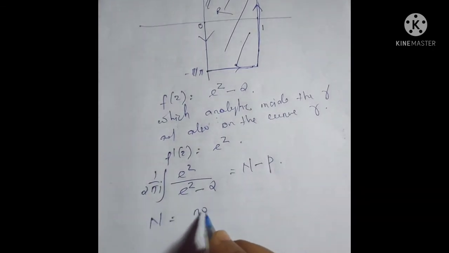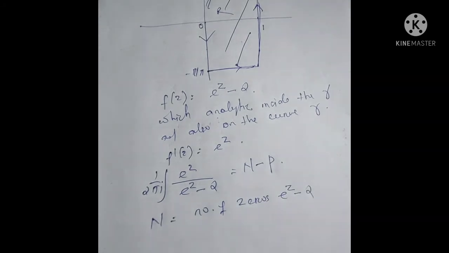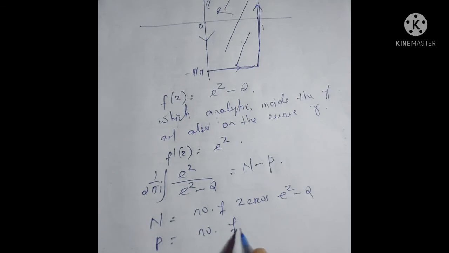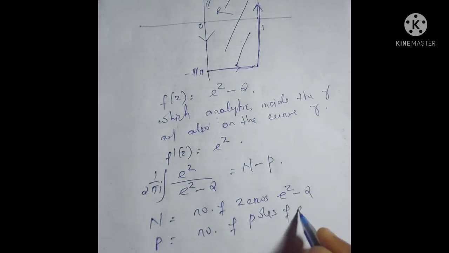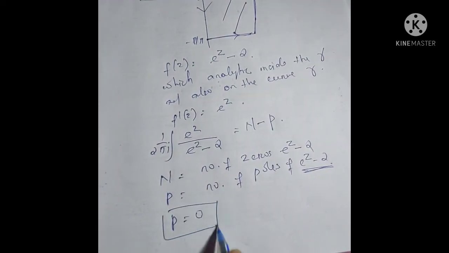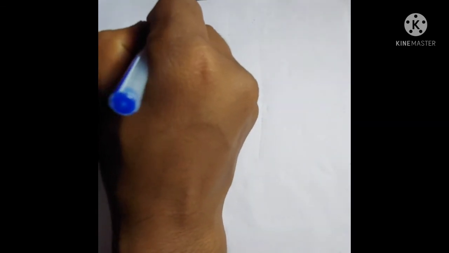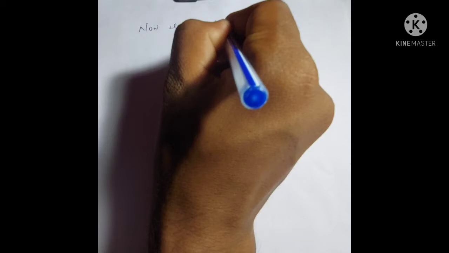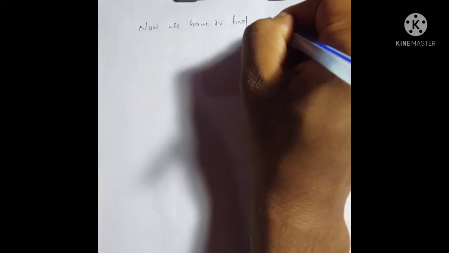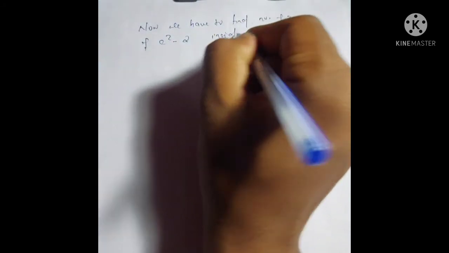Here N is the number of zeros of e^z - 2 and P is the number of poles of e^z - 2. Clearly e^z - 2 is an entire function, so P is equal to 0, that is, e^z - 2 has no poles. Now we have to find the number of zeros of e^z - 2 inside gamma.